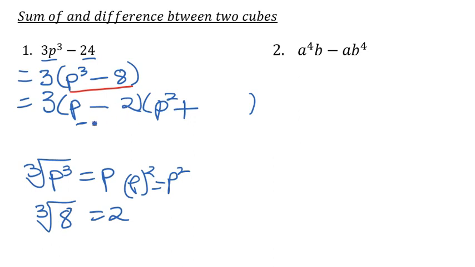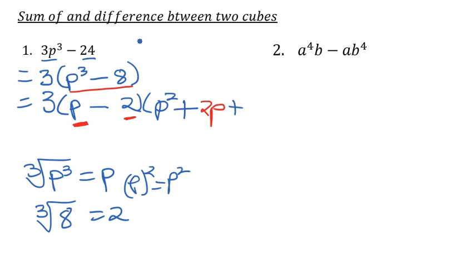Now to get the middle term, we need to multiply these two. We multiply p and 2, and that gives us 2p. The sign here is always positive.